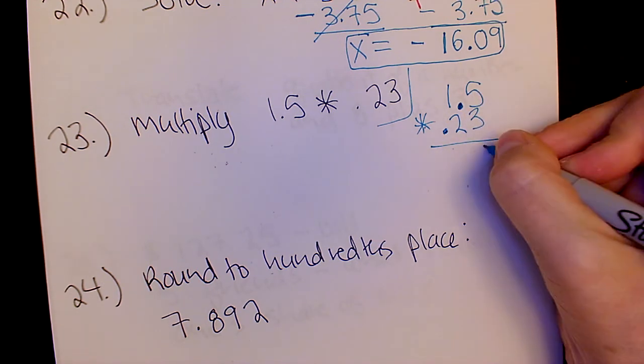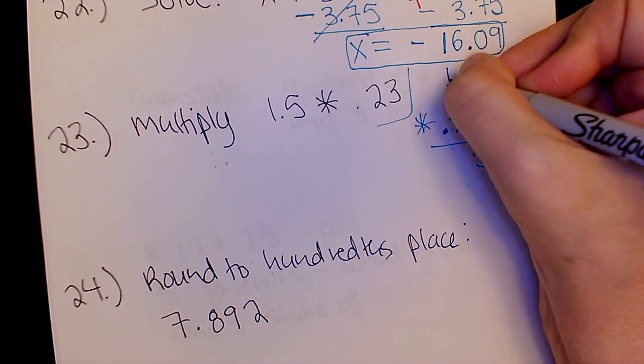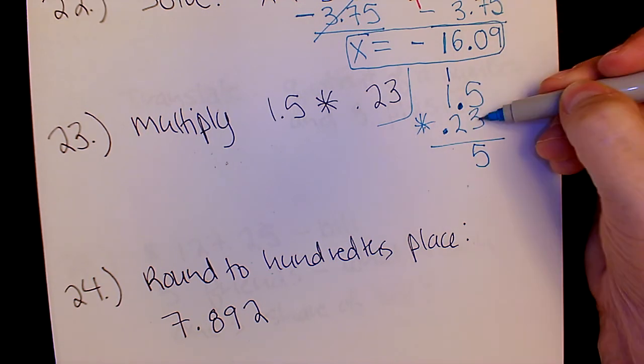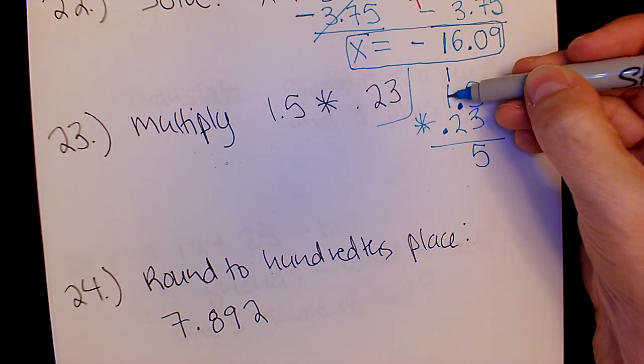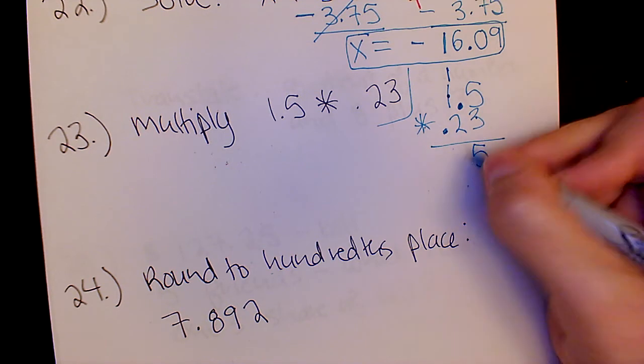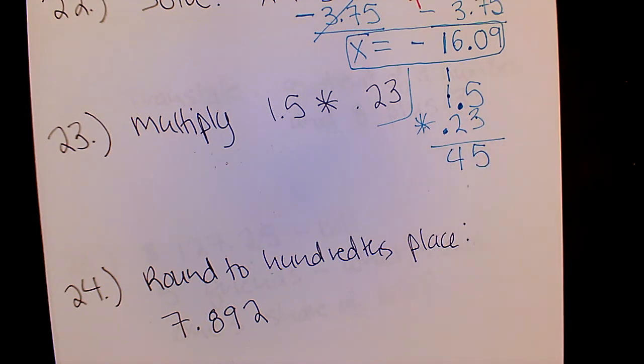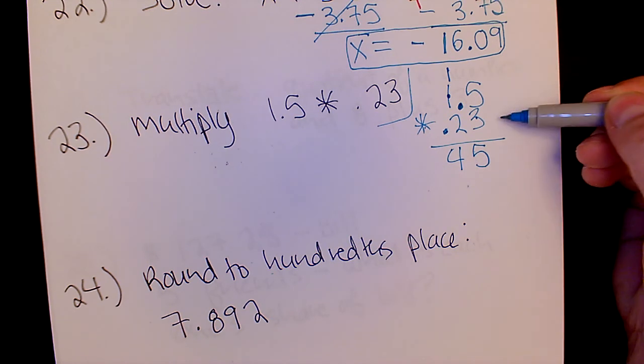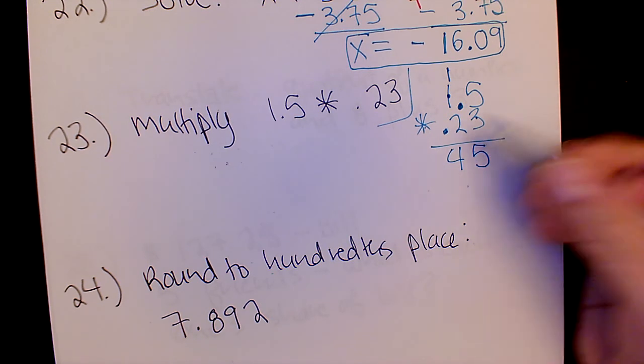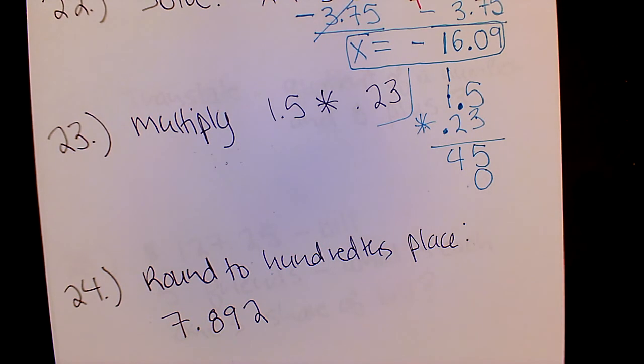So 5 times 3 is 15, carry the 1. 3 times 1 is 1, plus 1 is 4. So my first row, I get 45. Now remember, when I'm doing the second row, I come in 1, and I like to put a 0, but you can put an X, a smiley face, whatever you want.